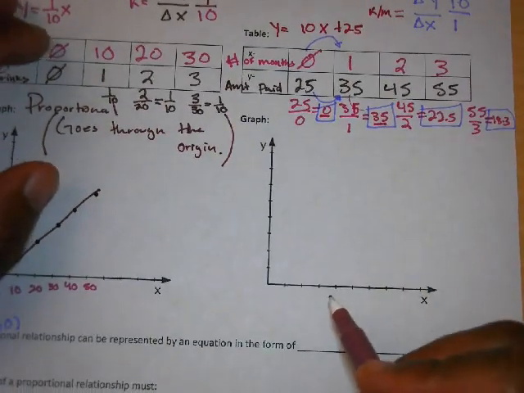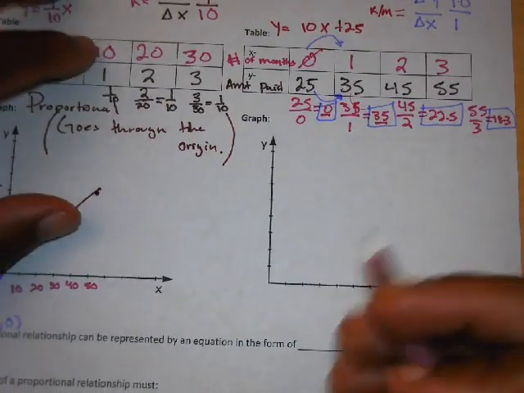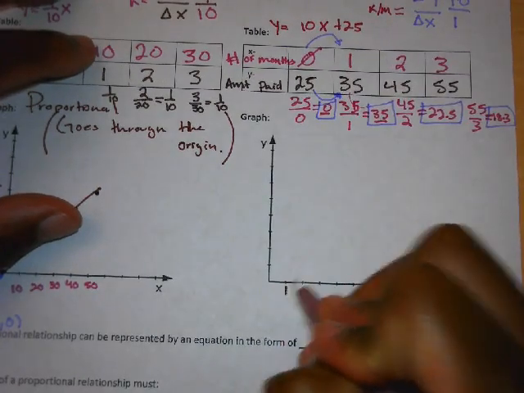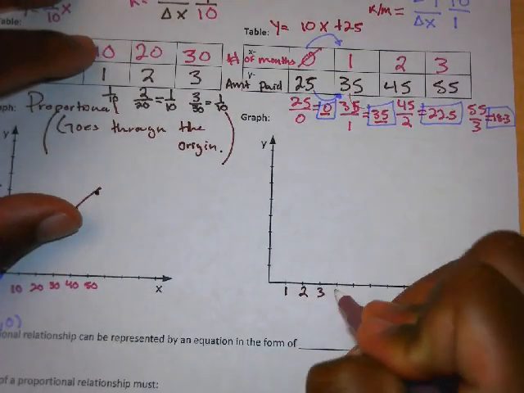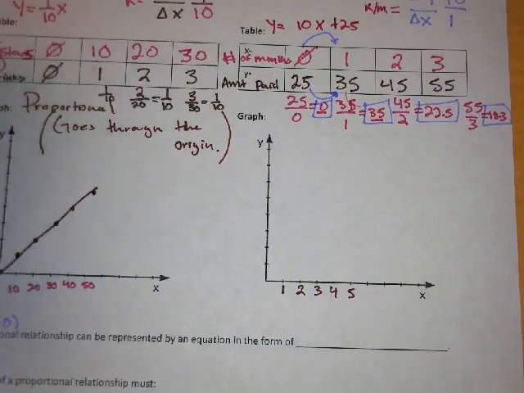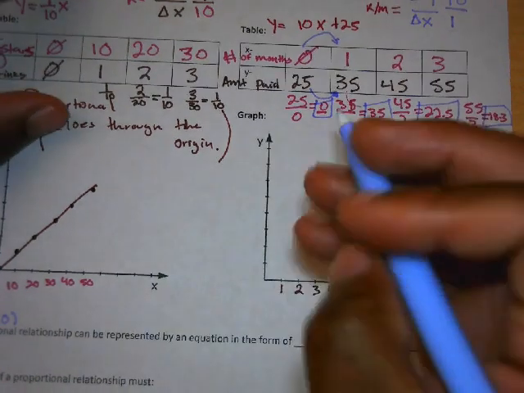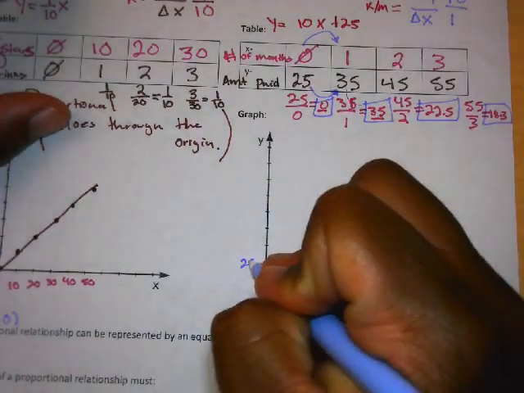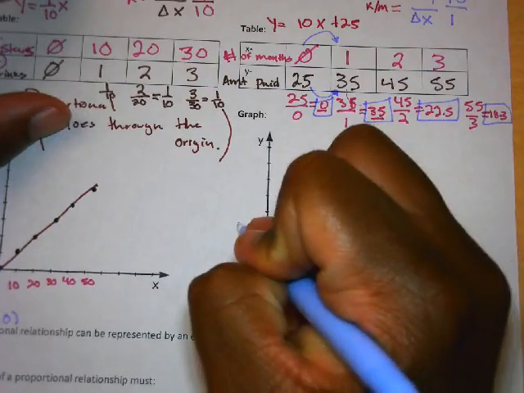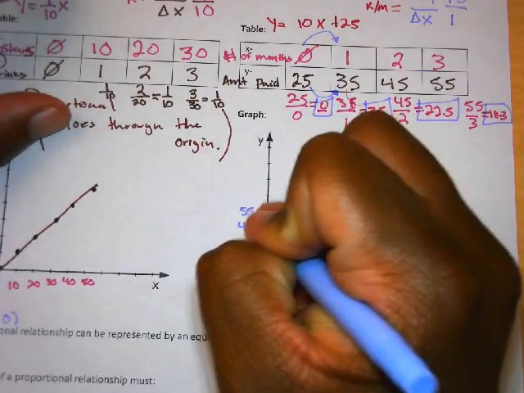let's say this is my x-axis. Let's go by ones. So 1 month, 2 months, 3 months, 4 months, 5 months. And then on the y-axis, we'll do 25, 35, 45, 55, 65.